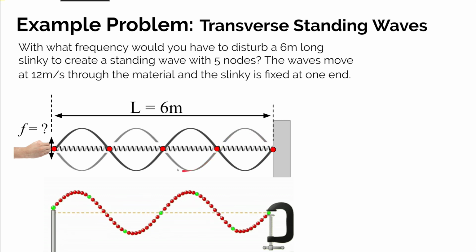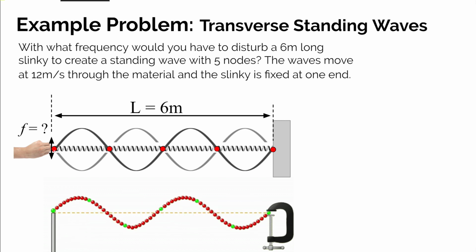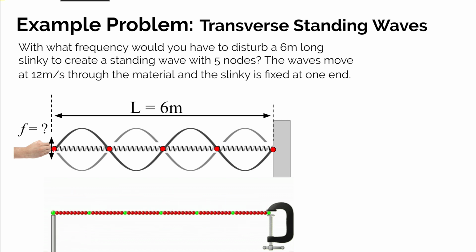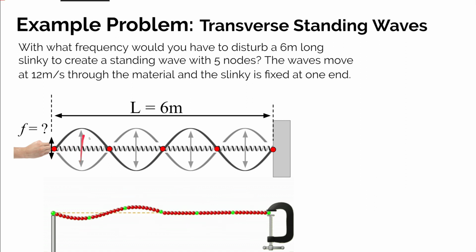And I just have a lighter gray line to show what the slinky looks like at another time when the slinky is essentially flip-flopped to the other side when it's going back and forth. Or you could just use a dashed line to represent that like this. You could also draw little vertical arrows to show where the maximum displacement is from equilibrium. And remember, that's what we call an antinode.